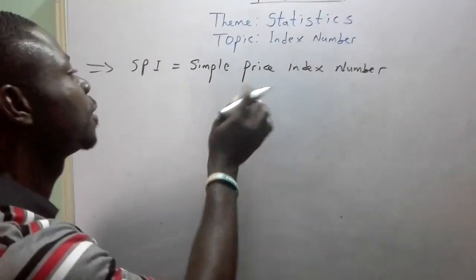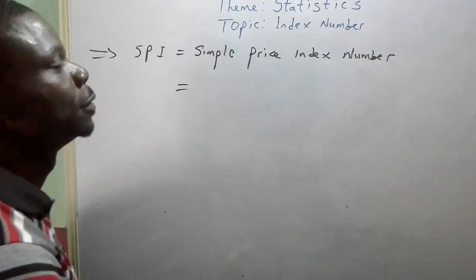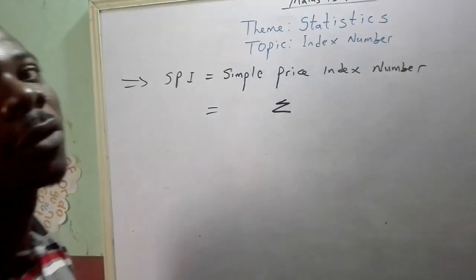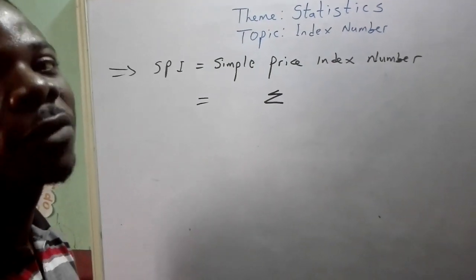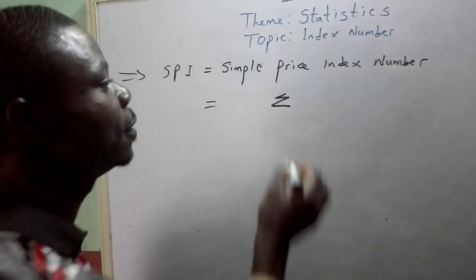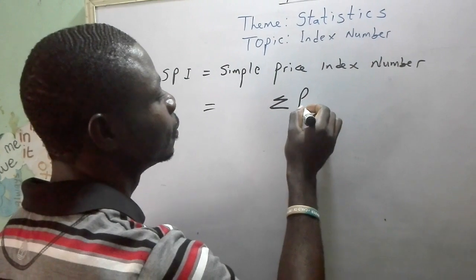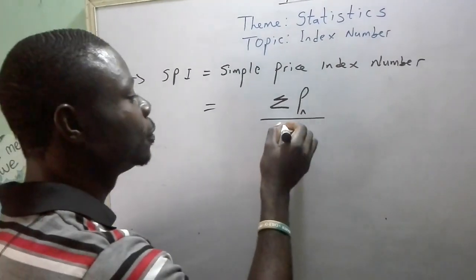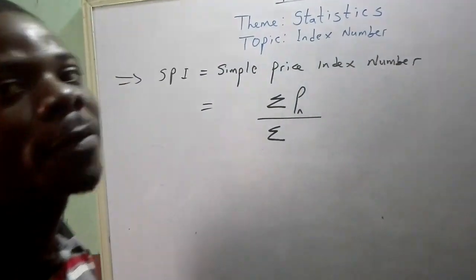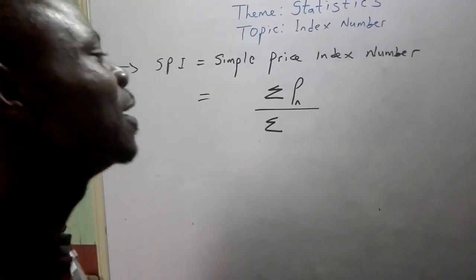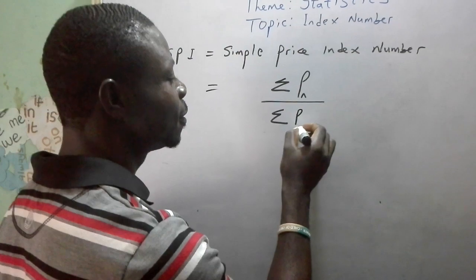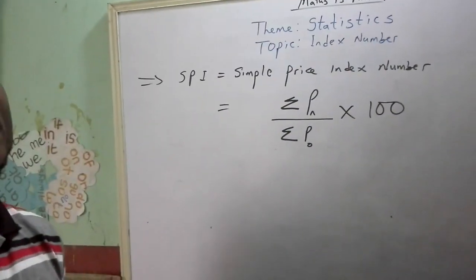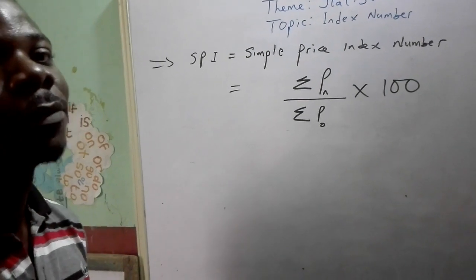It can be computed by the summation of all the price of related item in a given year by the summation of the price of related commodity in a specified year, expressed in percentage. That's how to do it.